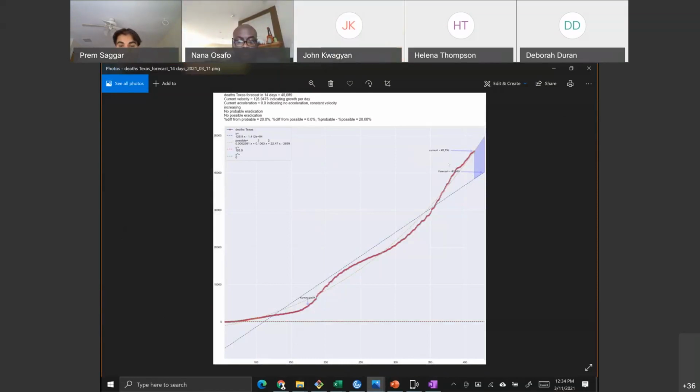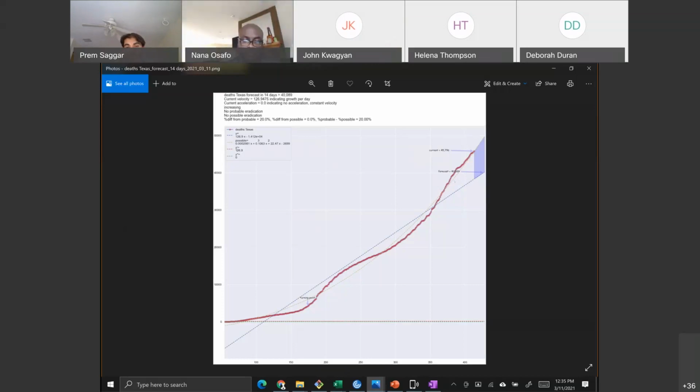So Texas has lost 45,000 people, and here it starts off pretty gradual, takes off, starts to plateau a little bit, takes off again. Some signs of plateauing, but the best fit for us is this line here, right? So 126 people per day.